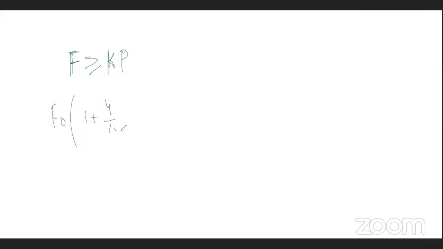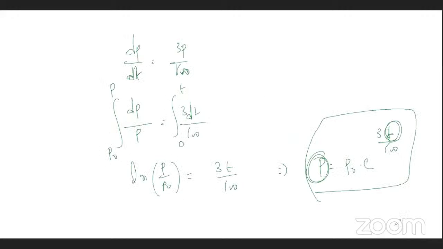So what is F? F naught into 1 plus 4 by 100 whole power T. Otherwise they are saying n years, so instead of T I can take n also, no problem. So K into what is P? P naught e power 3T by 100. And this condition we are having.